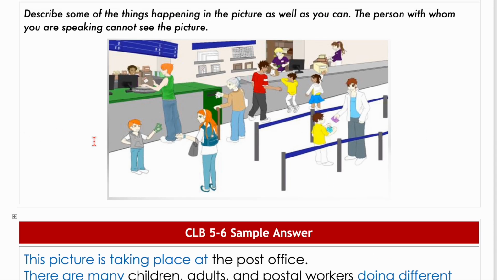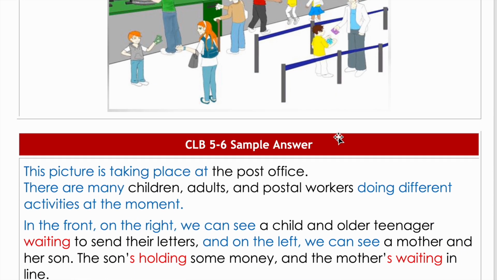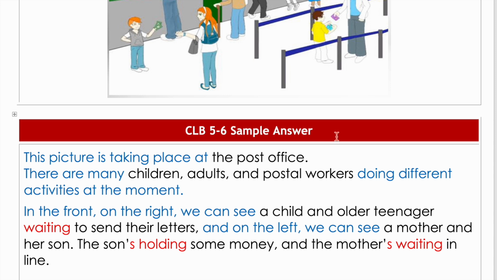So in the front, right over here, on the right, we can see a child and an older teenager. He looks like an older teenager waiting to send their letters. They have letters right here. Okay. Now, this is what we want to say, right?